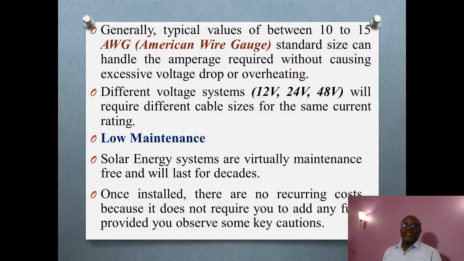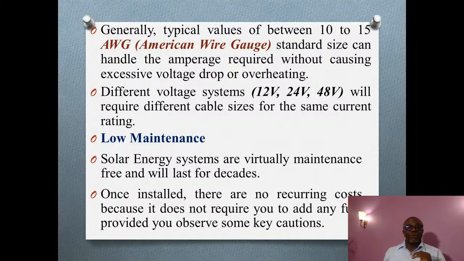Different voltage systems are available, that is 12, 24, 48. Our computation was based on 12 volts. So if we are using 24 volts, automatically our wire gauge will be 8, gauge number 8, and so on.